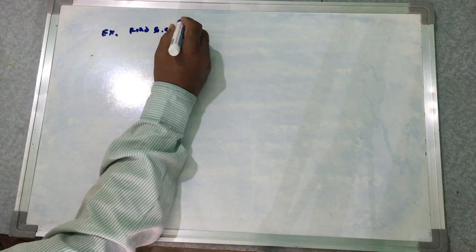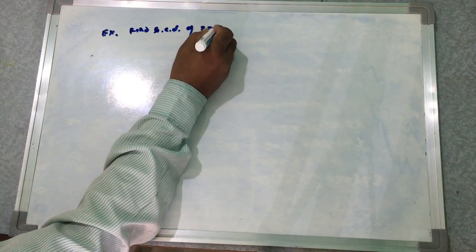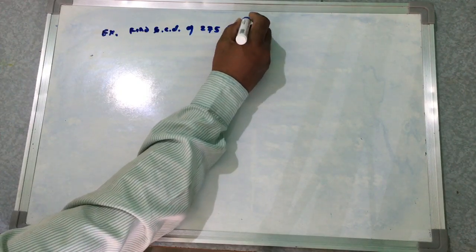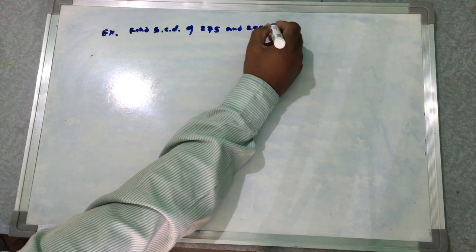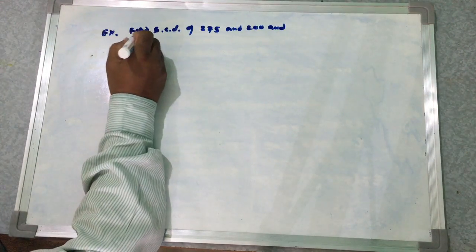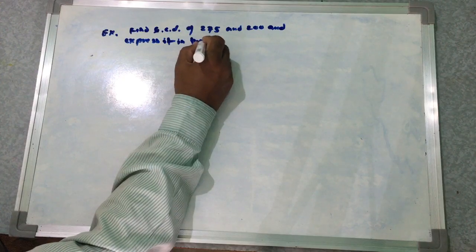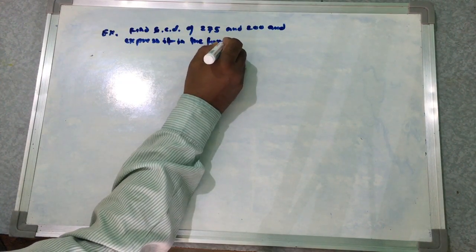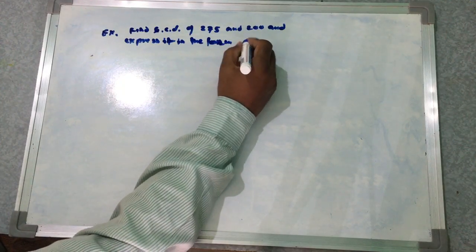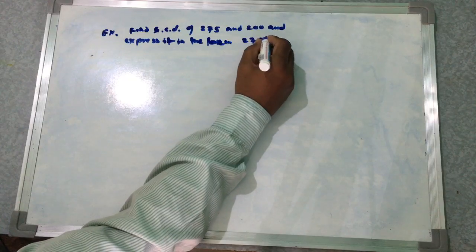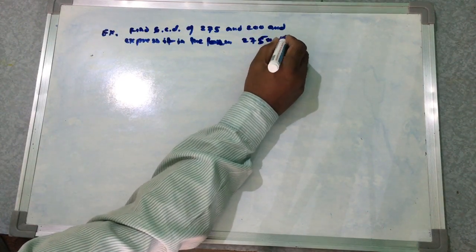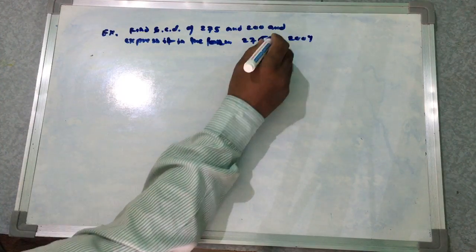Again, example: find the GCD of 275 and 200 and express it in the form 275x plus 200y.